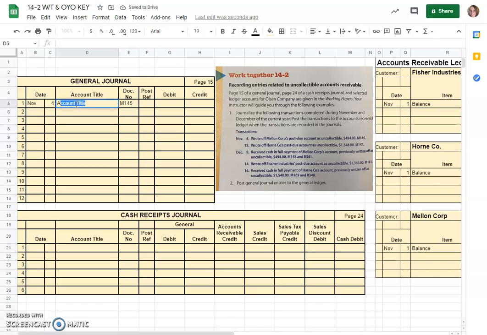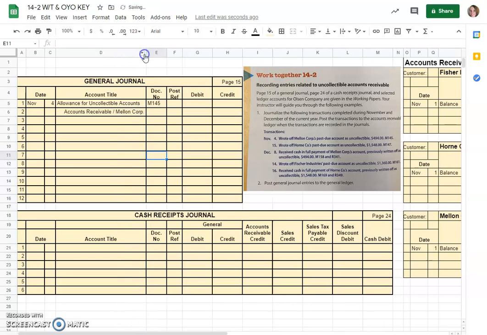Our accounts, we are going to debit allowance for uncollectible accounts, and we will credit accounts receivable Mellon Corp. And I'm just going to go ahead and make this a little bit bigger. We'll fill our posting reference in later, and the amount was $494.